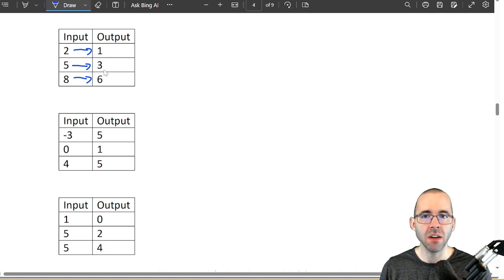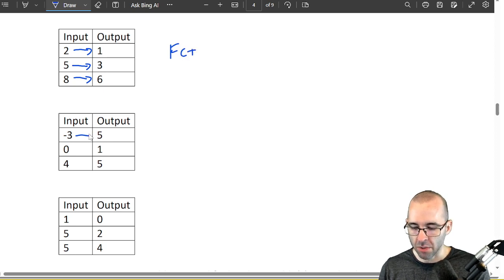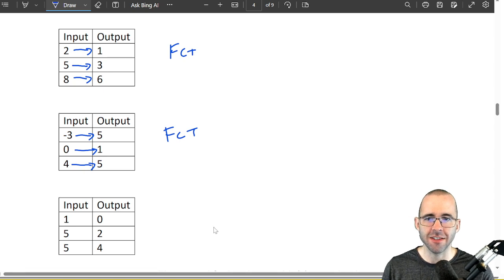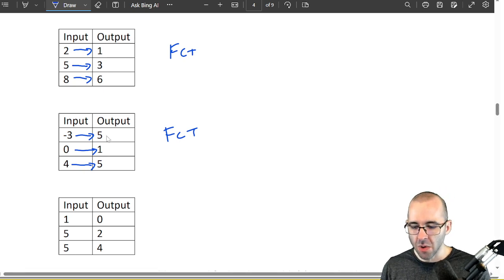Every input here goes to only one place, so this is a function. Negative 3 only goes to 5, 0 only goes to 1, and 4 only goes, okay, this is a function too. Everything's a function. An input is only going to one place.